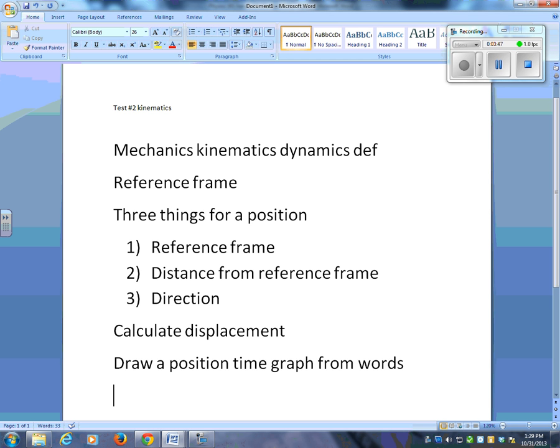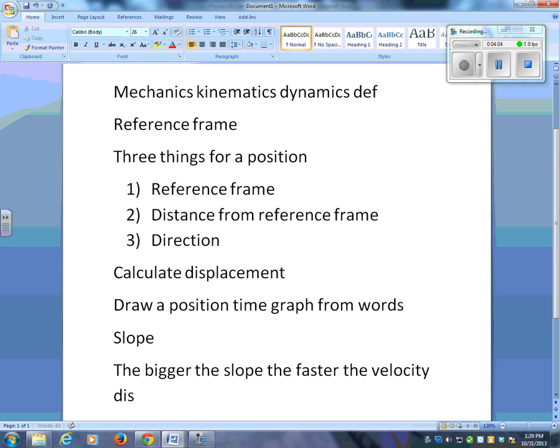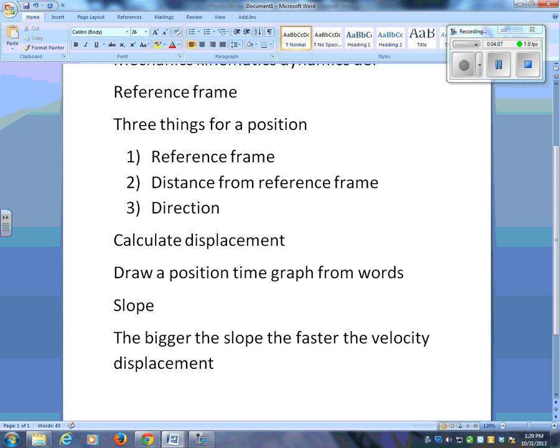We did some more notes on linear kinematics. We talked more about slope. The bigger the slope, the faster the speed or velocity. You should know the difference between constant motion and variable motion.